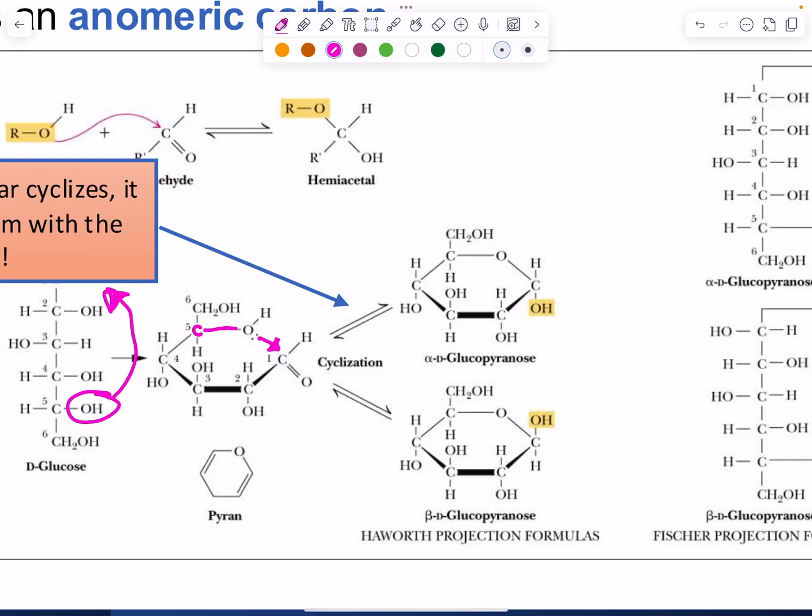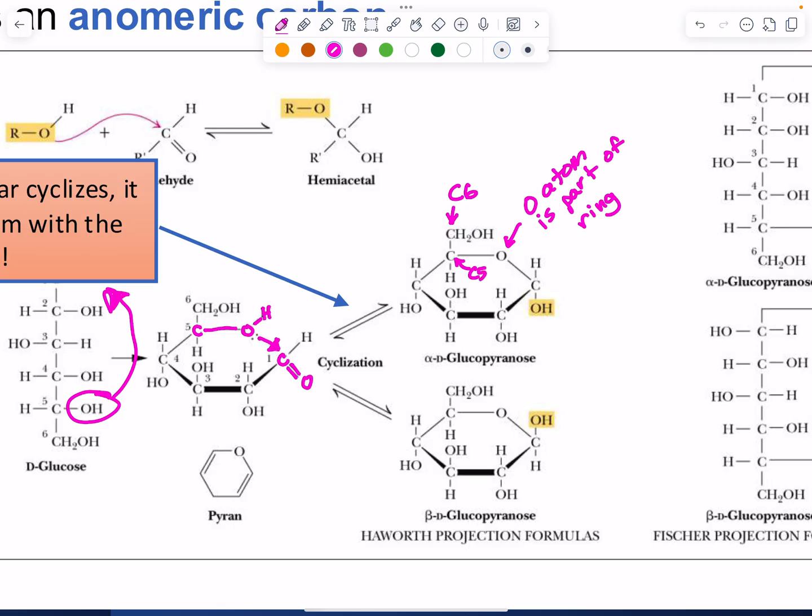There's the hydroxyl on carbon 5. Okay, so it's the one I circled on the left, and it's reacting with the aldehyde group, and it's going to form a closed ring where the oxygen becomes part of the ring. So the oxygen atom is part of the ring. Okay, and this is carbon 6 right here. This one right here is carbon 5.